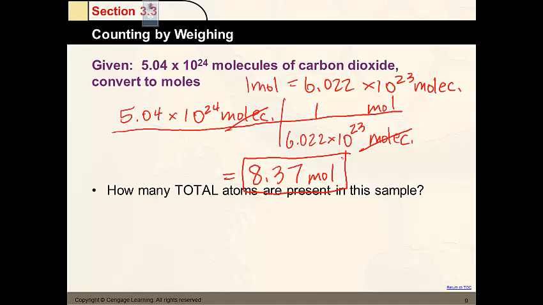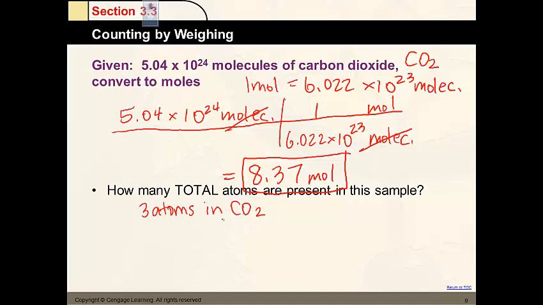It says how many total atoms are present in this sample. Well, if I have this many molecules, and this is of CO2, there's 1 carbon and 2 oxygen. So there's 3 atoms in CO2.